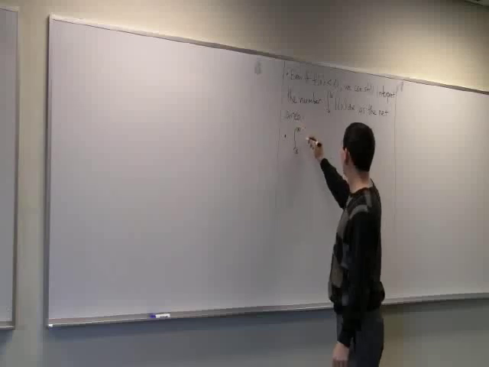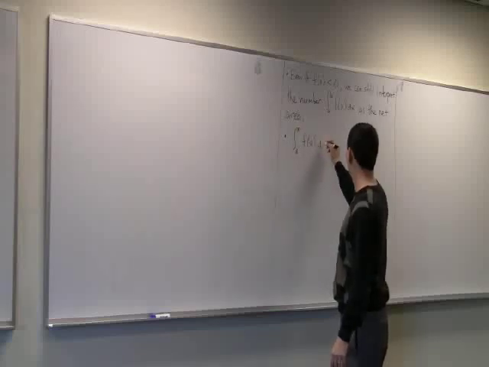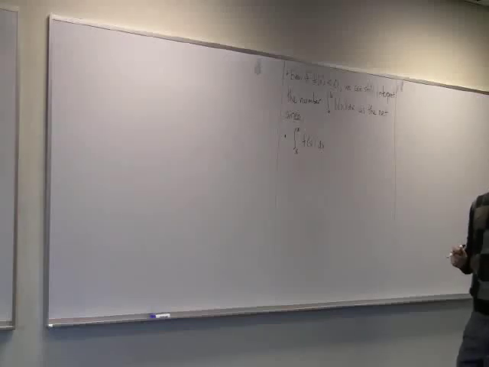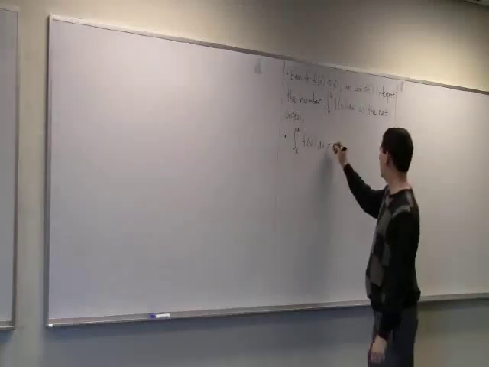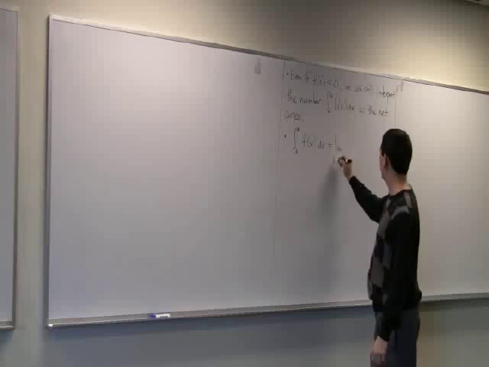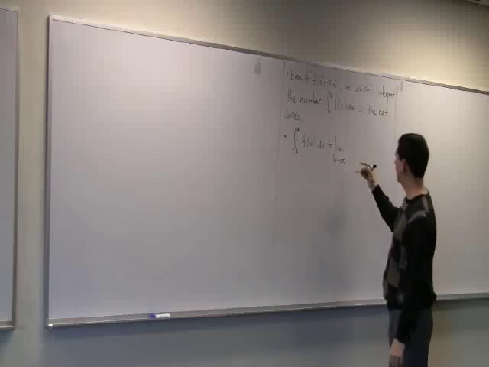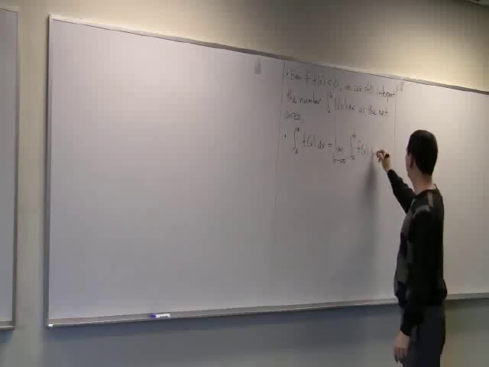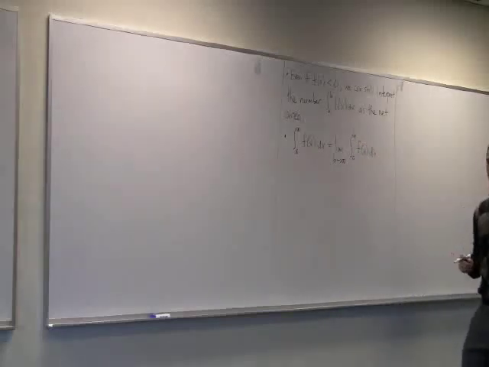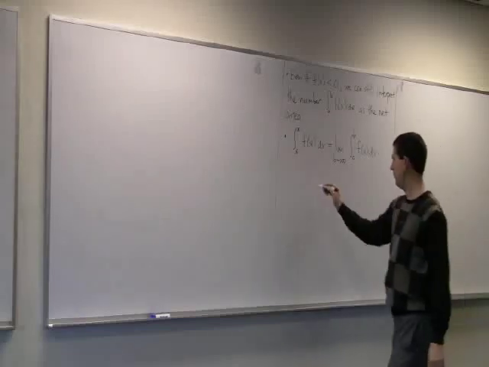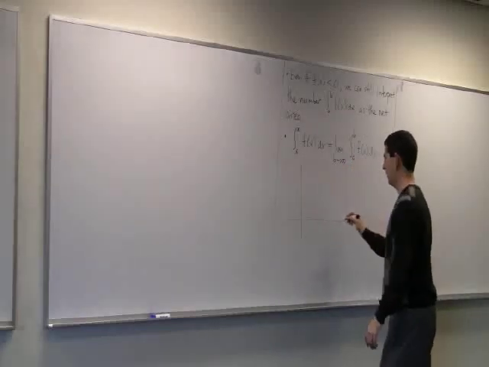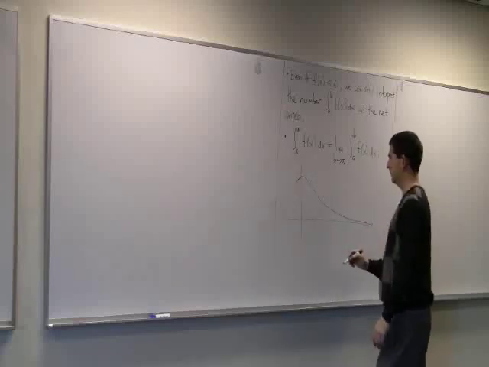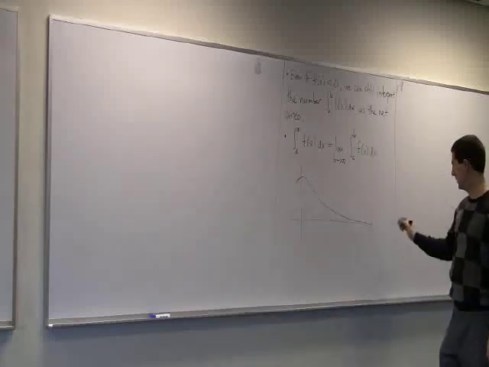So you can write down this sort of symbol. And what we mean by this is the limit as b goes to infinity of these integrals that give you net area. So maybe you have some function that looks like this.